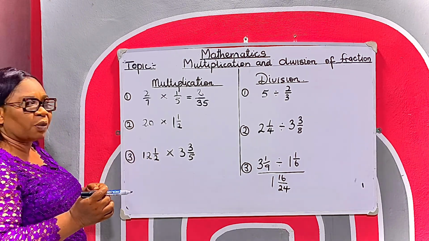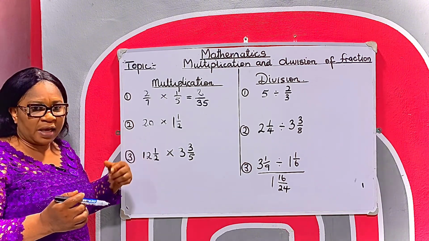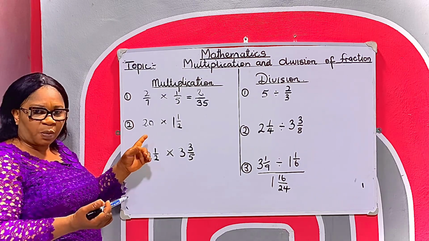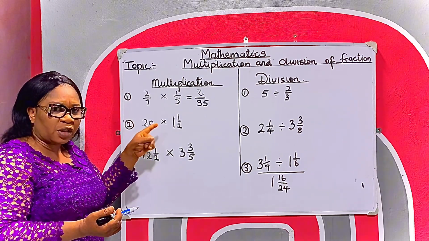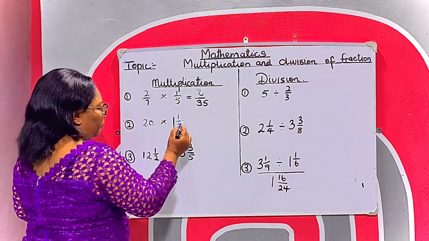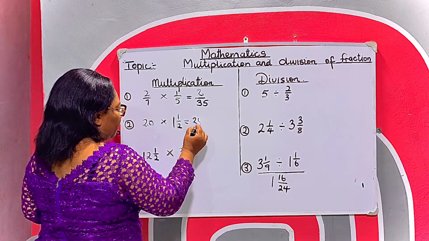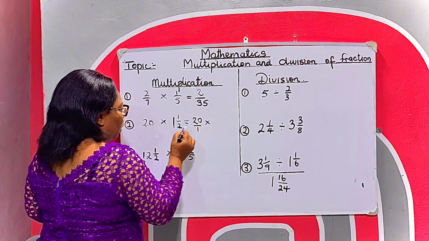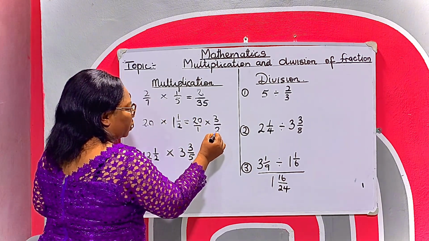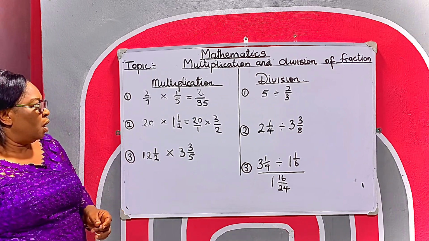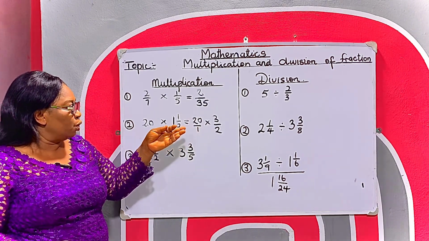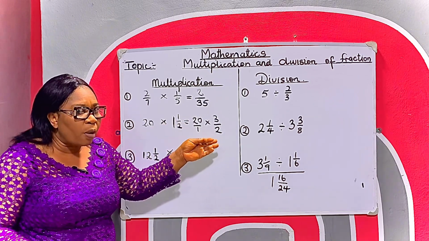So number 2 example, whole number multiplying mixed number. When you get at this point, you change the mixed fraction to improper fraction first. Two times 1, 2 plus 1, 3. 3 over 2. Good. I have changed it, and now I'm going to look for what to divide up or divide down.